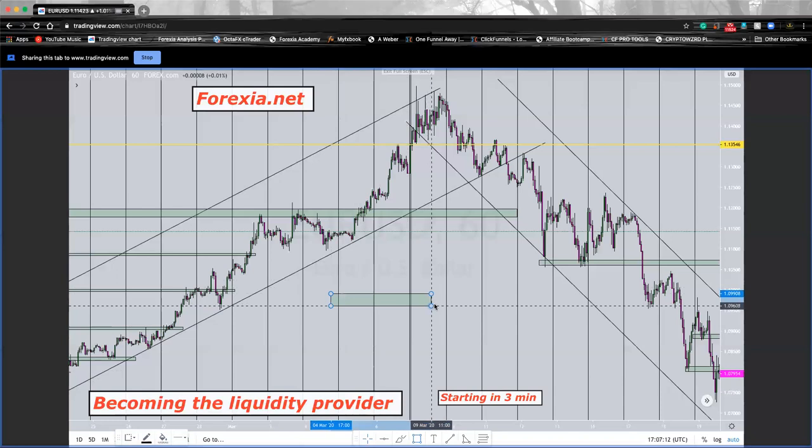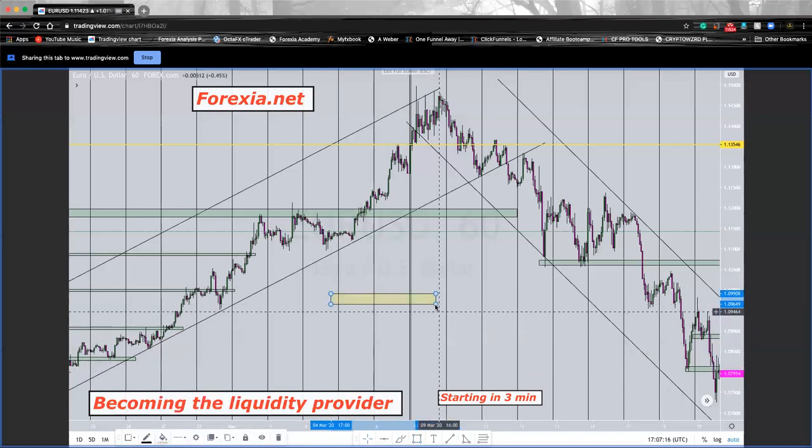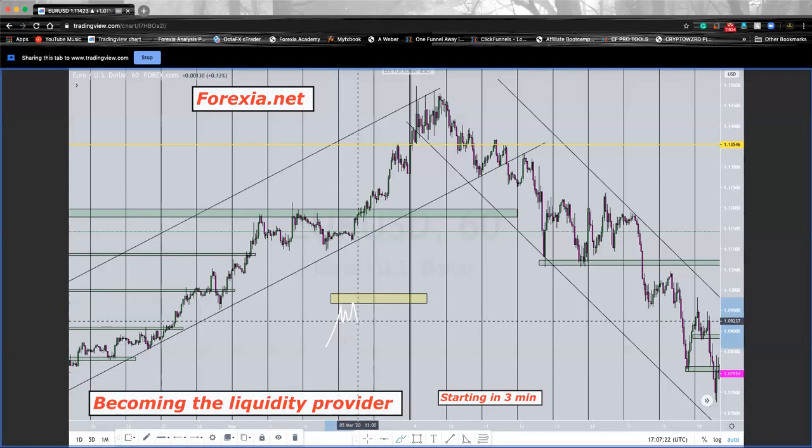Now, the retail trader believes in support and resistance as price. If it can break to the upside, that's a resistance. If it can break to the downside, it's support.